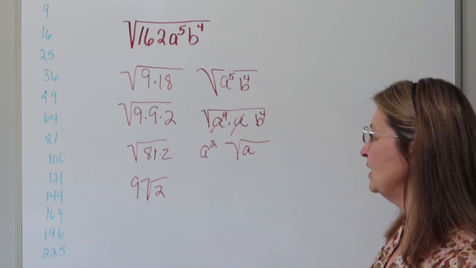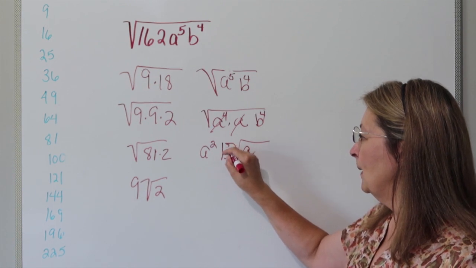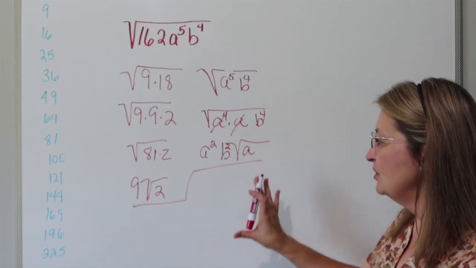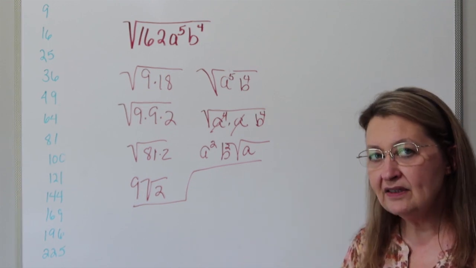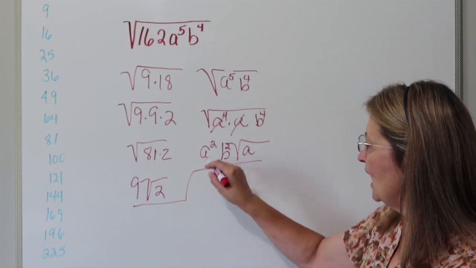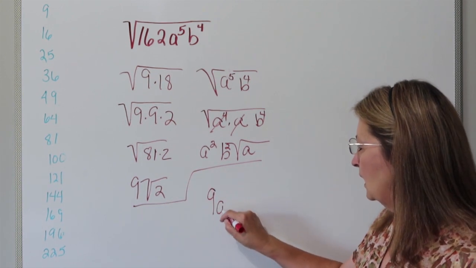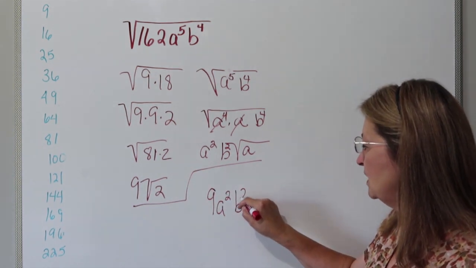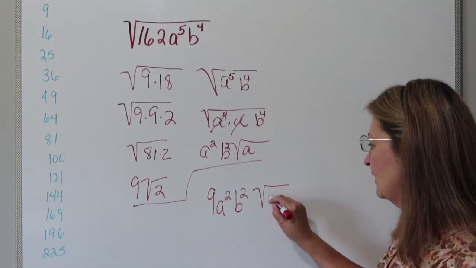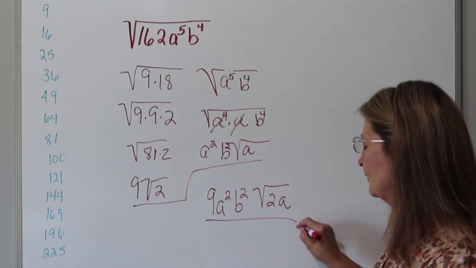Now what's the square root of b to the 4th? b to the 2nd. Now when I combine these two things, whatever is outside the radical gets multiplied together. So 9a squared b squared, and then whatever is under the radical gets left there, square root of 2a.